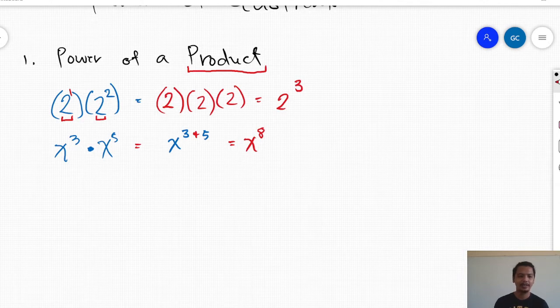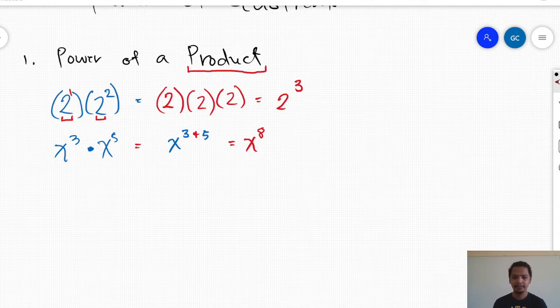So, in general, when we talk about power of a power, or mali, power of a product, ito yung magiging general rule.